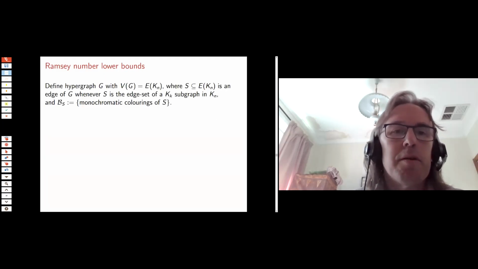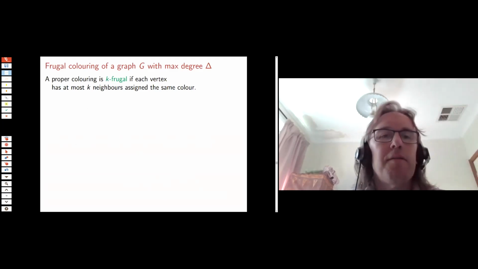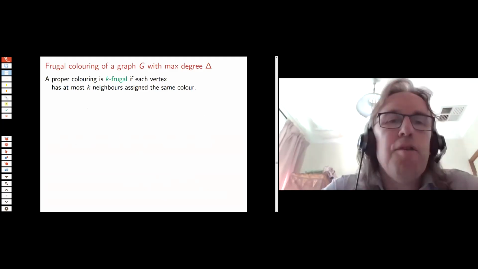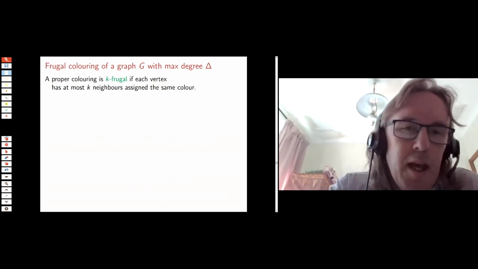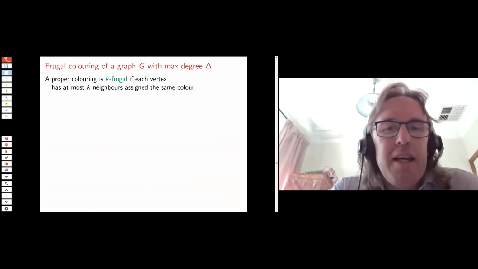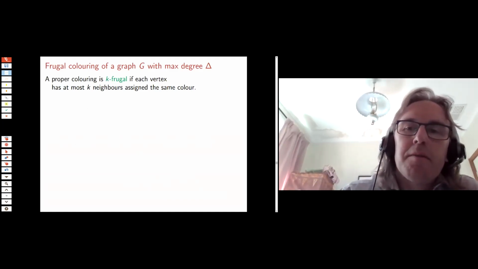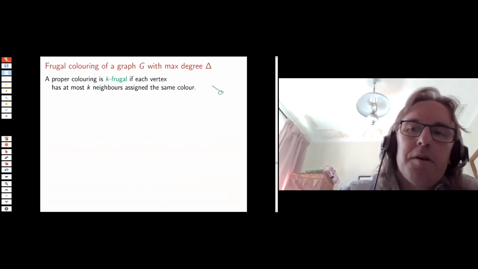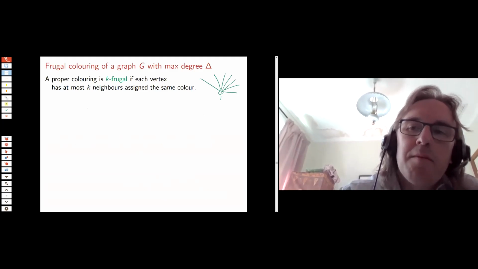I'm going to skip a little bit of detail here and come to something different. The final example is frugal coloring. What does that mean? You probably haven't heard of that one. A proper coloring of a graph is k-frugal if each vertex has at most k neighbors assigned the same color. So here's your vertex V, it might have lots of neighbors and maybe it's colored 1.